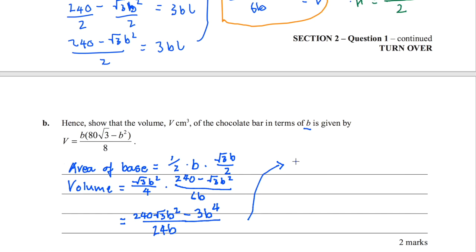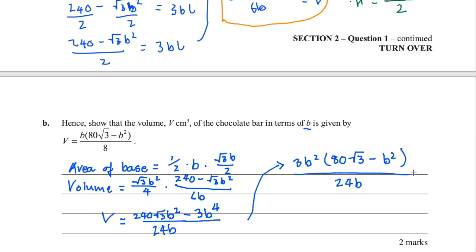So we're going to take out 3b squared as a factor. We're going to be left with 80, root 3 is still there, minus, if you're taking 3b squared out of 3b to the 4, you're left with minus b squared. We're dividing that all by 24b.